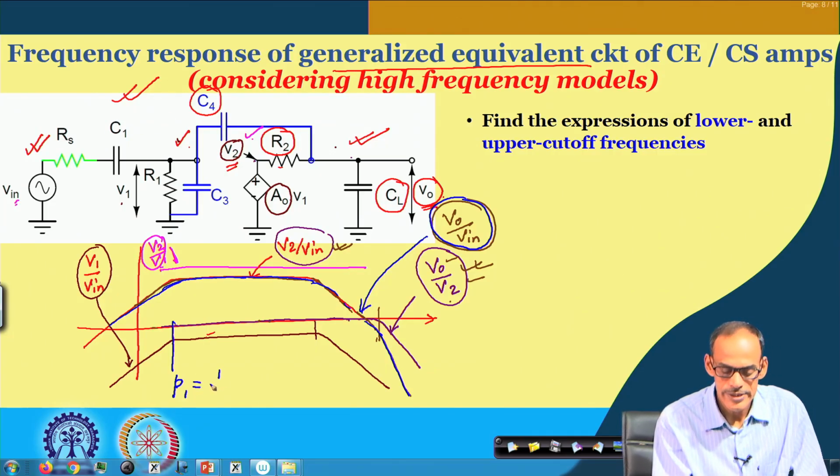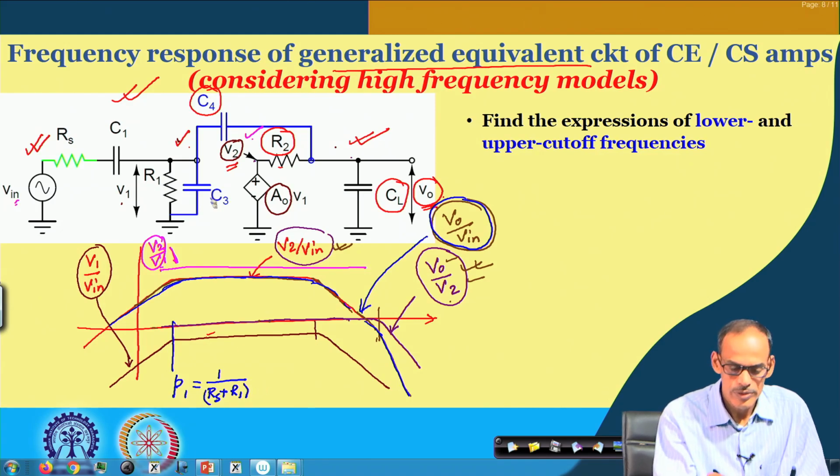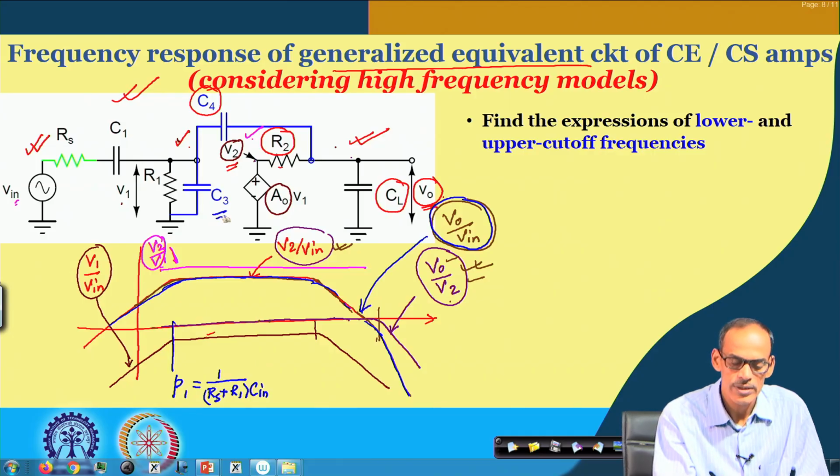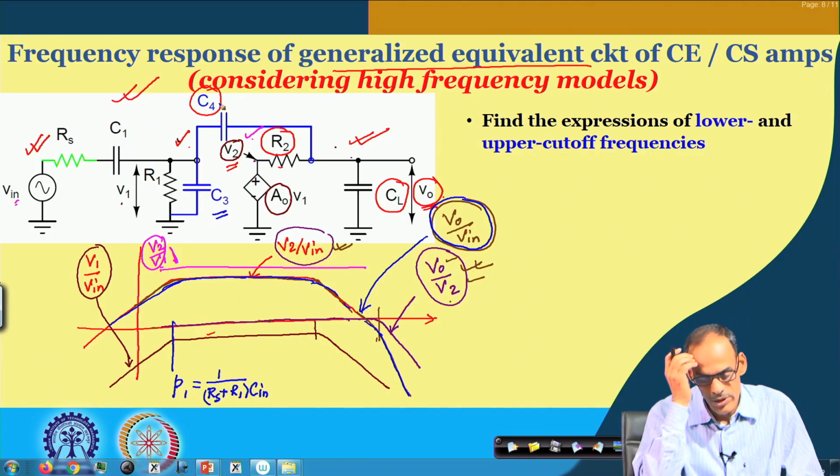You may recall its expression is 1 by R s in series with R 1, and then we do have the C in, and C in we have seen that C 3 and C 4 are contributing.